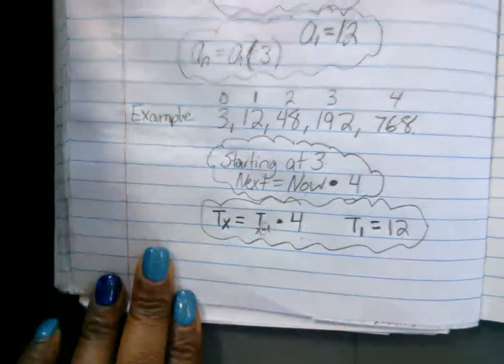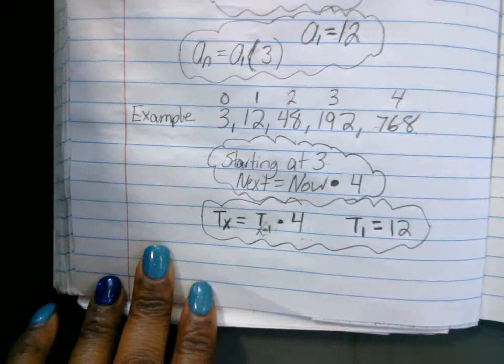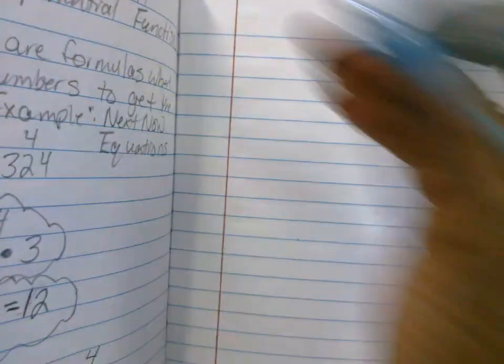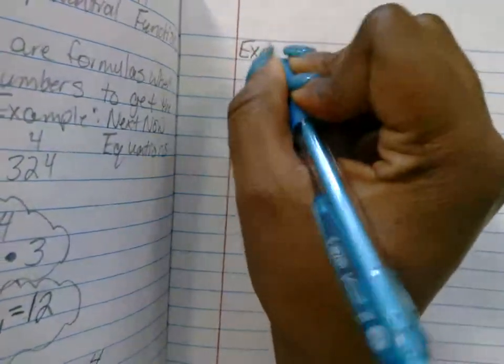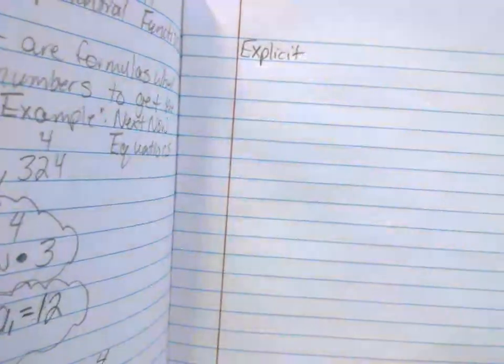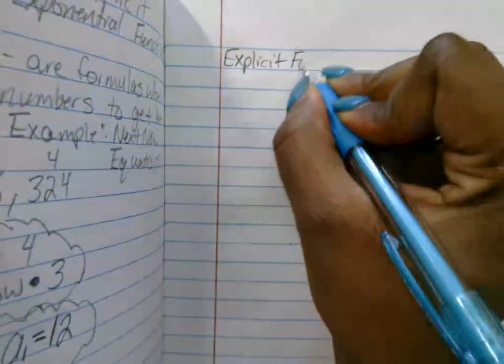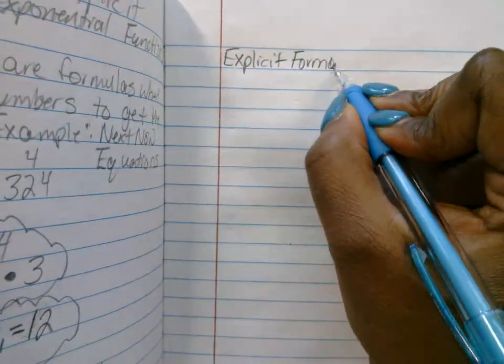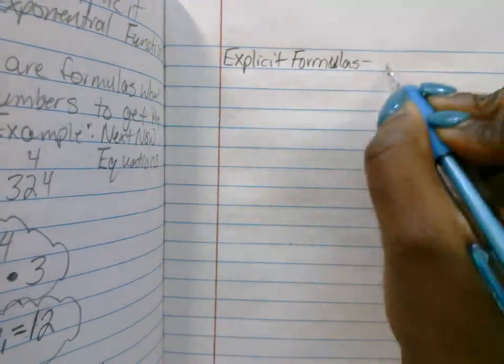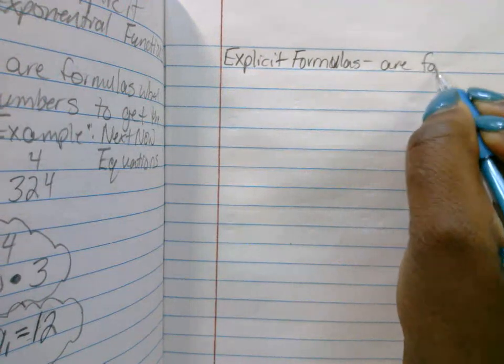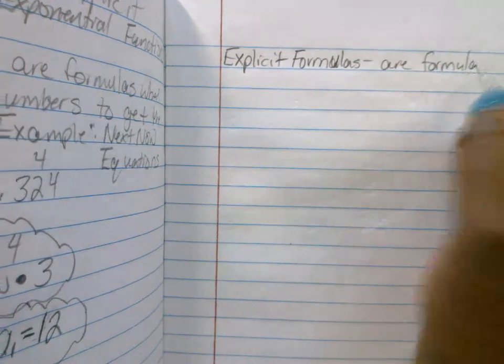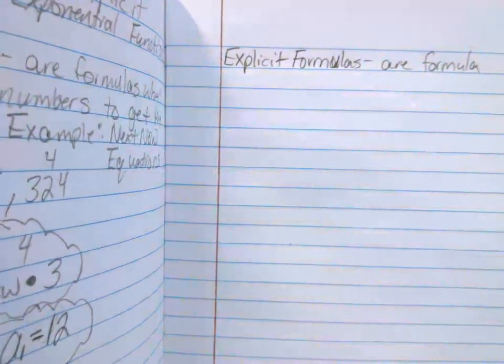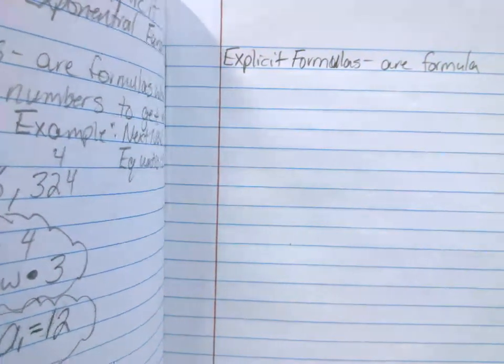So now we're going to do explicit. Anyone still writing? So let's do explicit. Explicit formulas are formulas where you can substitute a value to get your answer, okay?